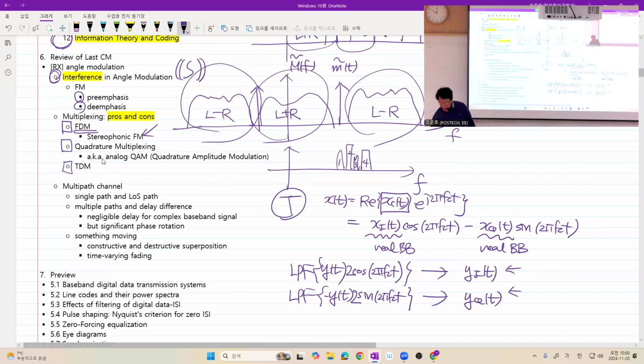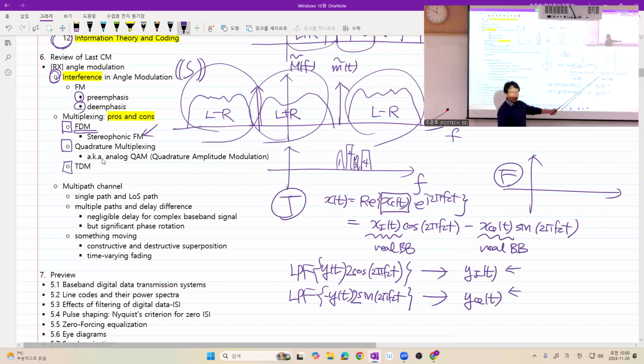And what about the frequency domain? Suppose we use the DSB family to transmit these two real baseband signals with slightly different carrier frequencies. In that case, we have to transmit in this way, with f1 and f2, or fi and fq, if we use DSB.